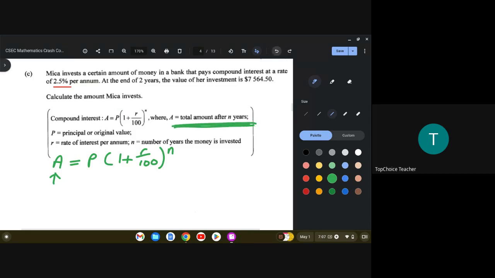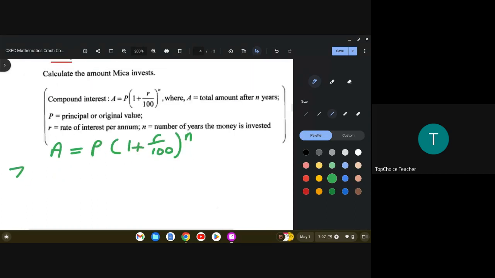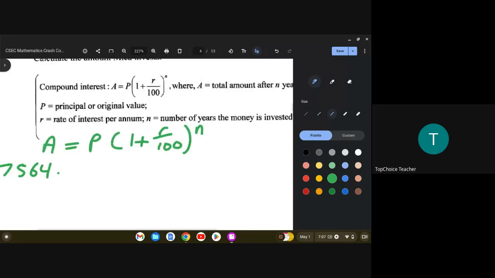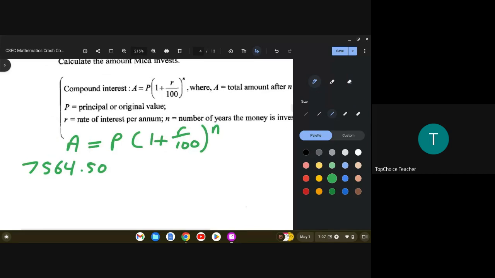Didn't they give us that? At the end of 2 years, the amount of money is $7,564.50. So that is A. Okay, we're done with A.